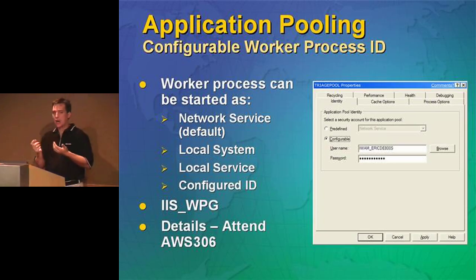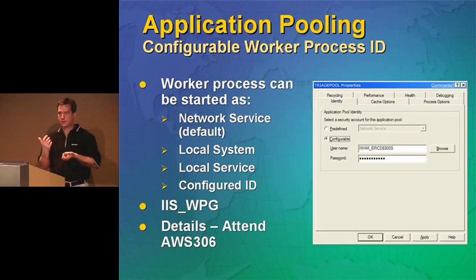When a request arrives and a thread gets selected to run the ASP code, it's going to impersonate the authenticated user that came in through whatever authentication mechanism they were using. So for the brief period of time that it executes the request, it's going to run as the authenticated user.